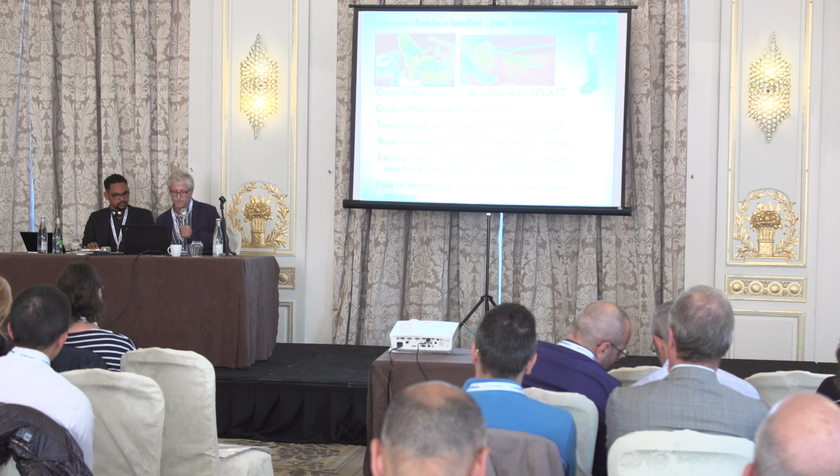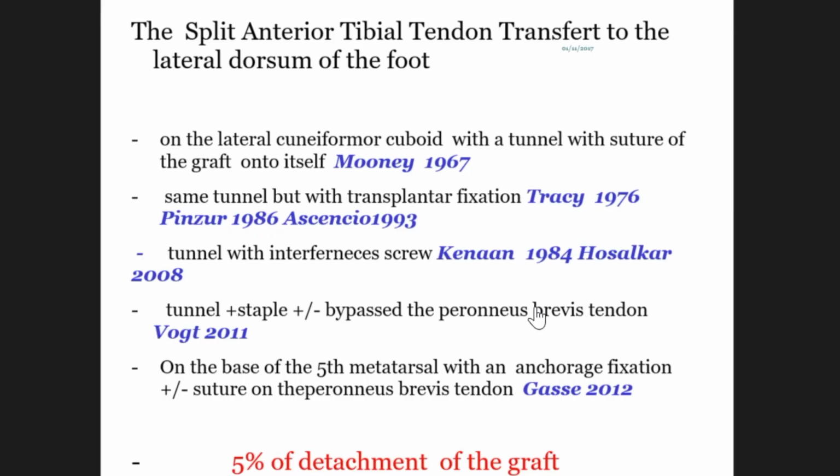So there is also a risk of decreasing the function of the tibialis anterior. And in this technique, you have a lot of fixation systems: a lateral cuneiform or cuboid tunnel, the same tunnel but with transplantar fixation, tunnel with interference screw, tunnel with staples, and bypassing the peroneus brevis tendon.